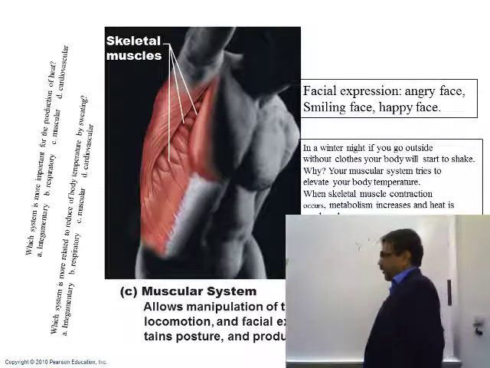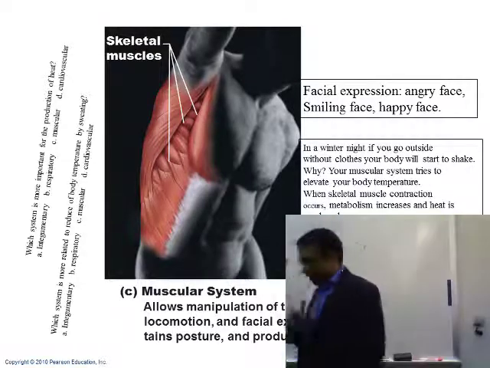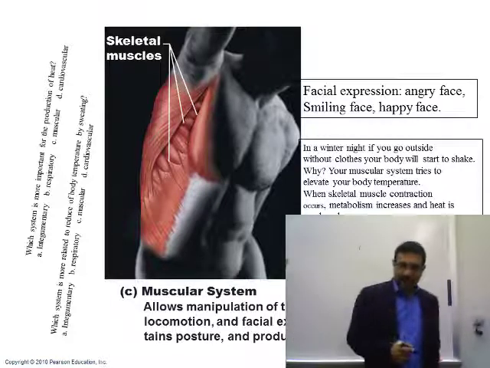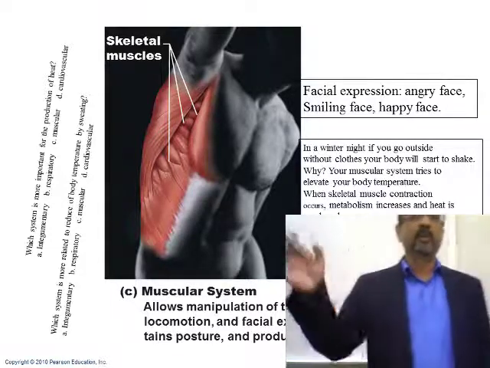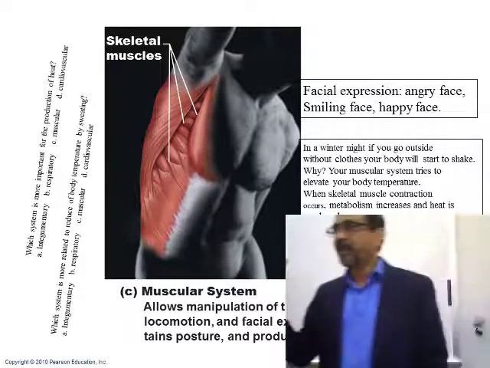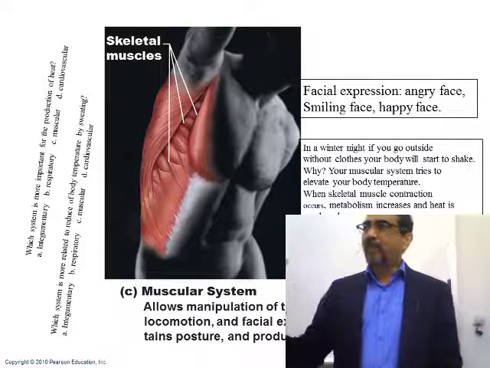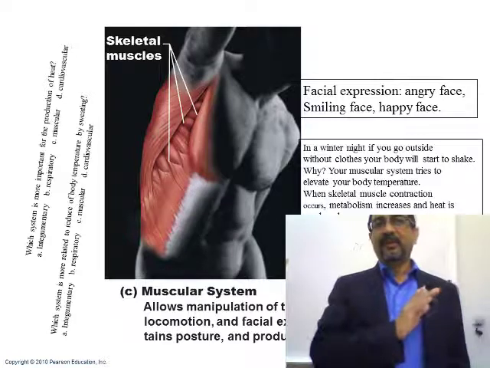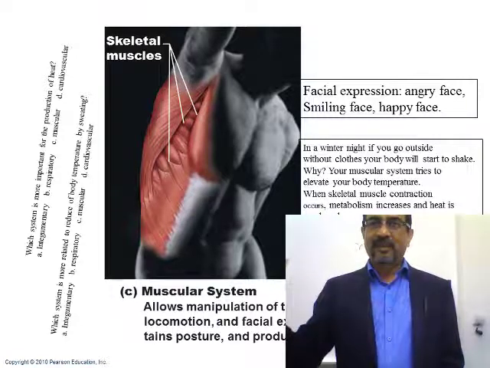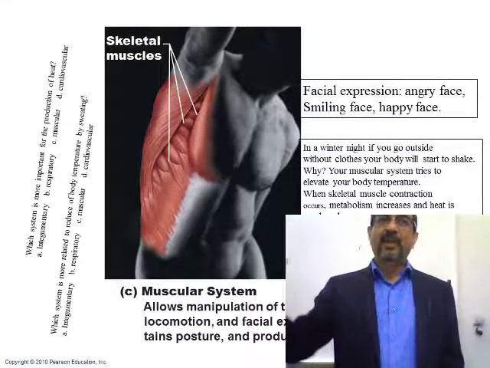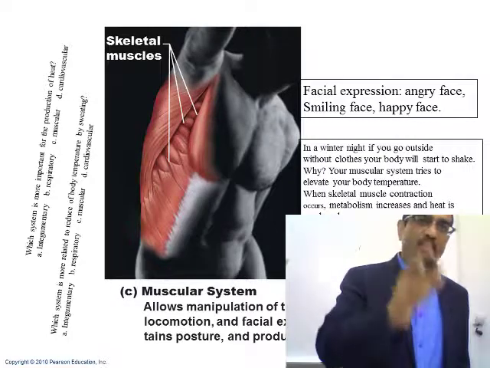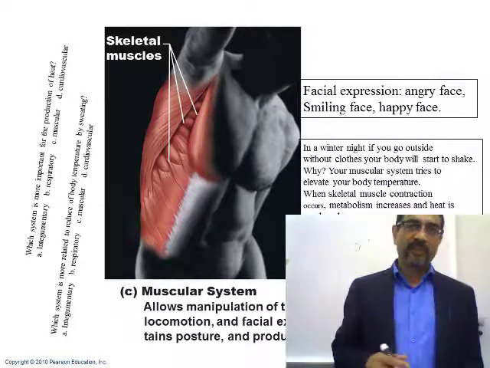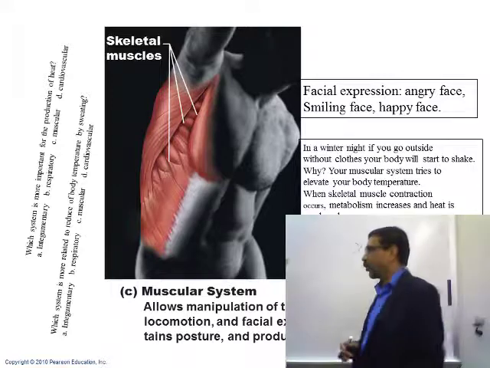Now, the functions of the skeletal muscles, number one is locomotion, movement. I have already mentioned skeletal muscles help to move the bones at the joints. So movement is number one function.